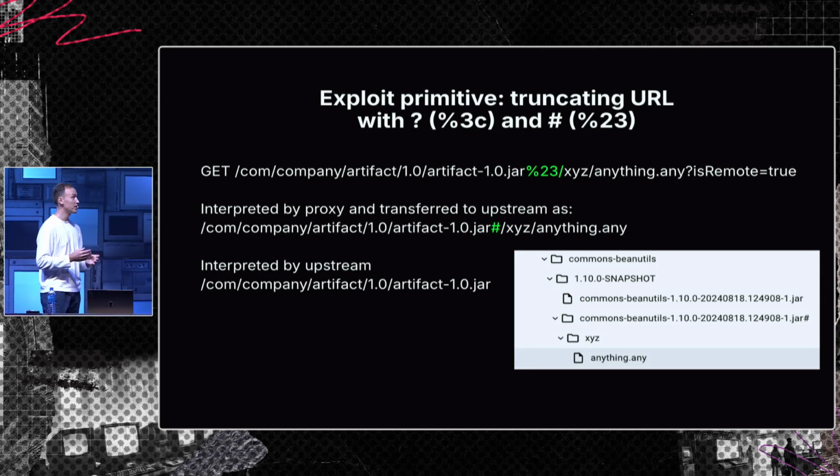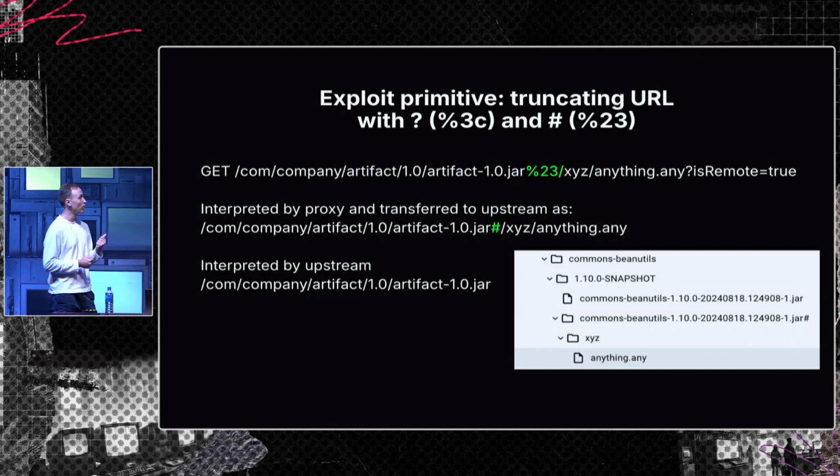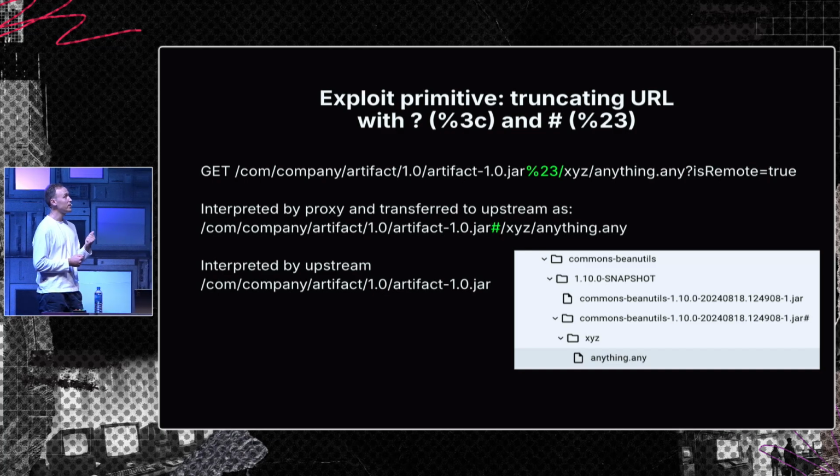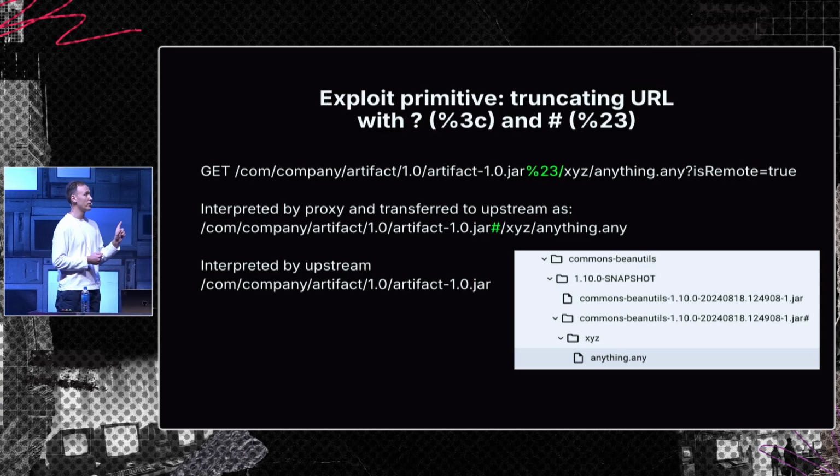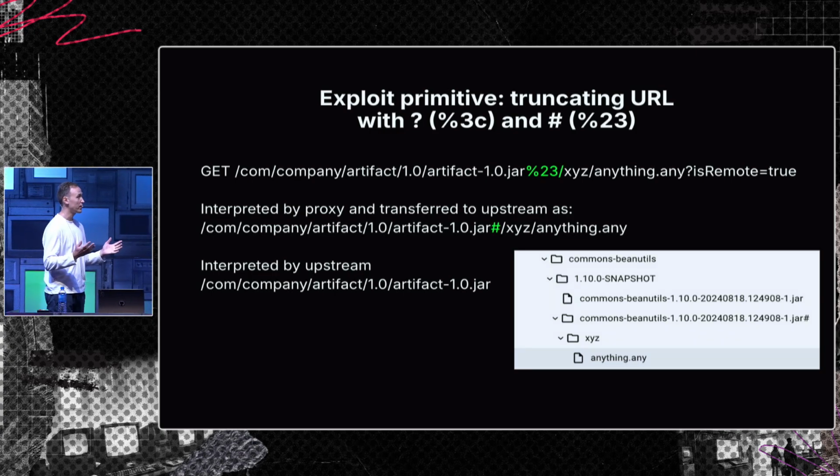A simple way to perform this attack is to use special URL encoded characters in the middle of the artifact name. For example, if we use a question mark or a hash sign in the URL encoded form, when Nexus takes this request, it will consider the full artifact path as the artifact name.